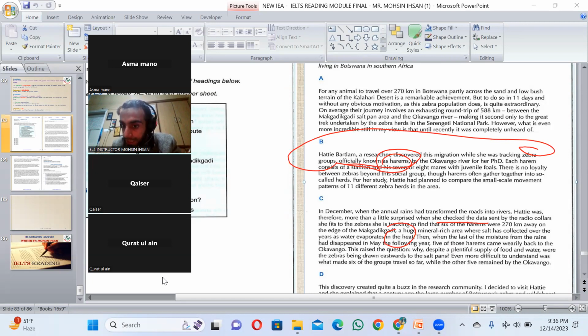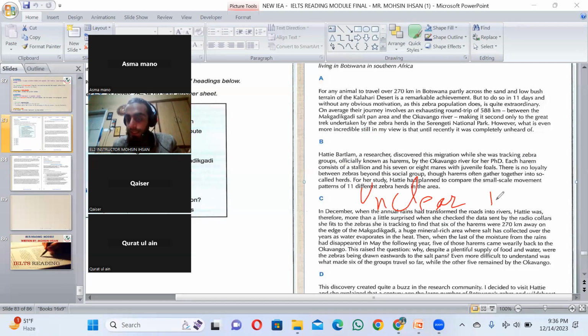Now, this is actually the heading: difficulty in clearing unclear information. In simple words, you can say unclear information. This can match with your heading. Let's see. Even more difficult to understand was what made six of the groups travel so far.